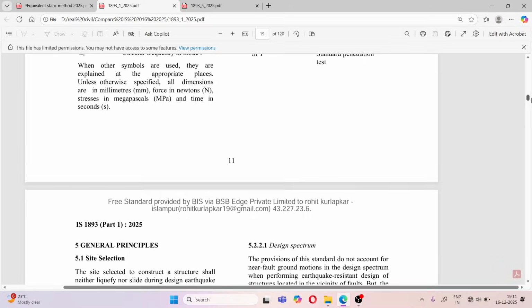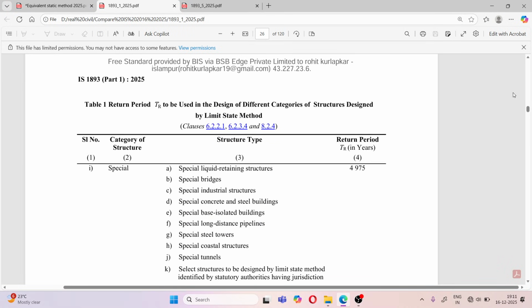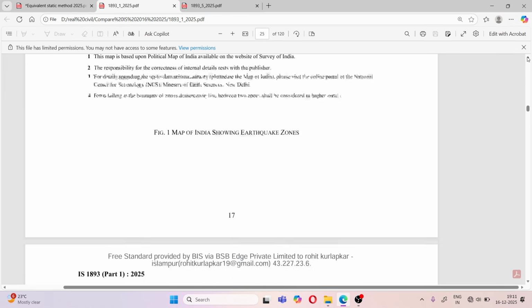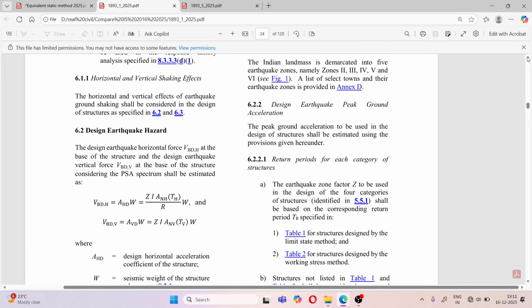If you see there, there is a formula. 6.2 design earthquake hazard. The formula is given: VBDH is equal to AHD into W.